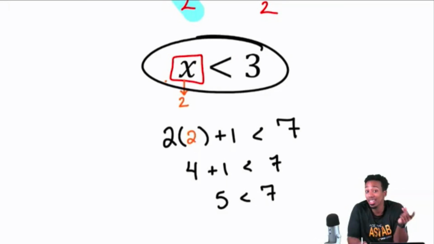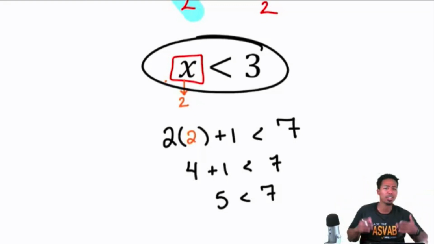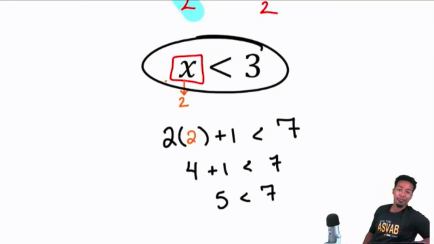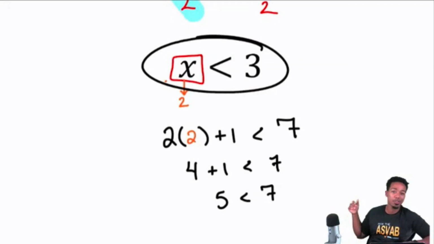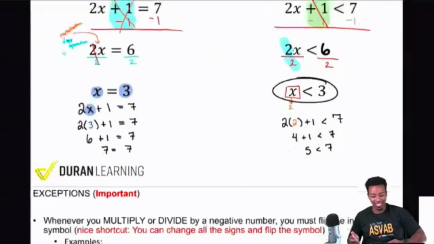If you plug in 3, that's not less than 3. X is just a blank variable, a placeholder. You can put any number in, but it has to be less than 3. You can plug in 1, you can plug in 0, you can plug in negative 525,600 minutes, whatever it is, you're absolutely good.